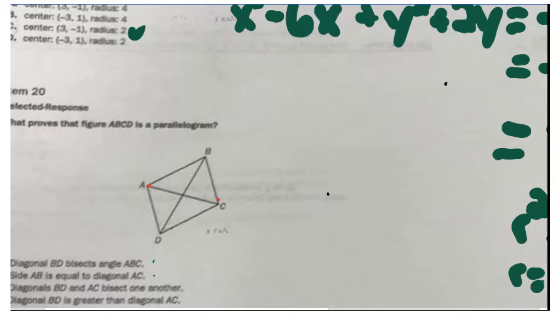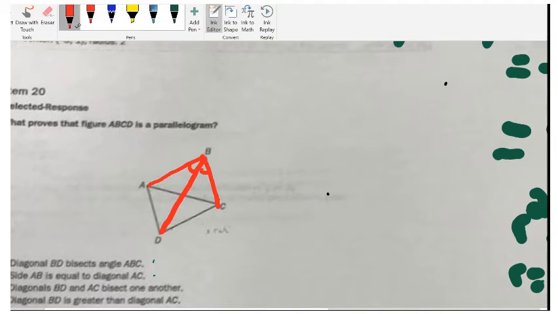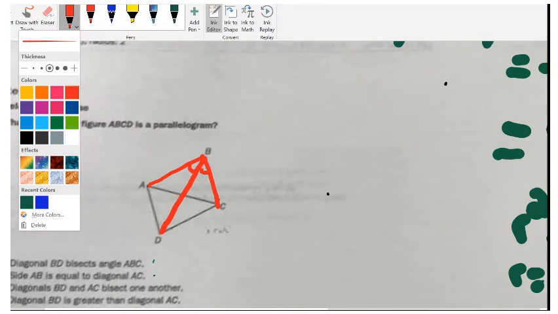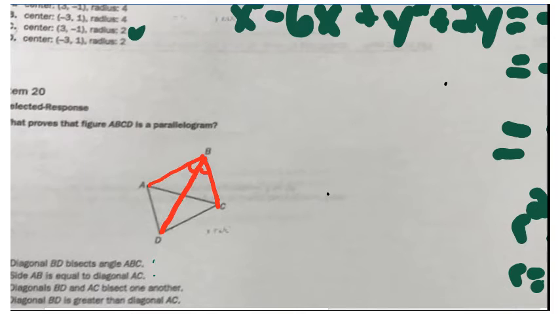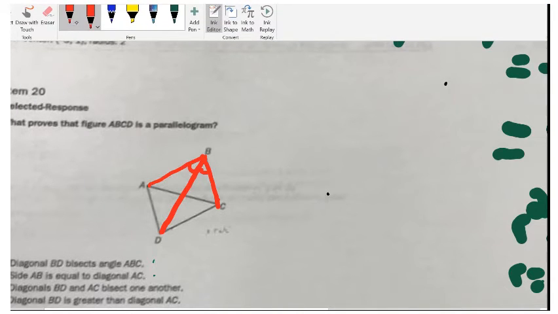It says diagonal BD, this guy here, bisects angle ABC. So if it bisects angle ABC, that means this angle is congruent to this angle. Well, let's take a look at this now. Let's look at this triangle.